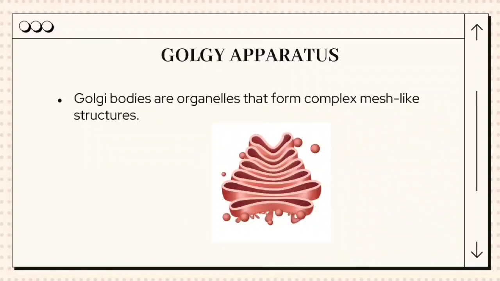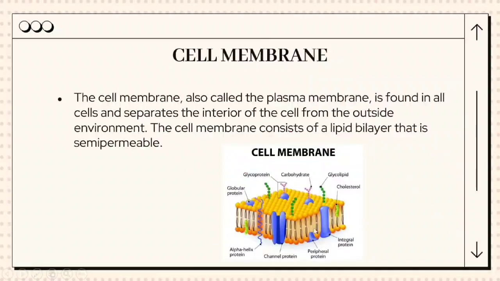And then Golgi apparatus. Golgi bodies are organelles that form a complex mesh-like structure. And then cell membrane. The cell membrane, also called the plasma membrane, is found in all cells and separates the interior of the cell from the outside environment. The cell membrane consists of a lipid bilayer that is semi-permeable.